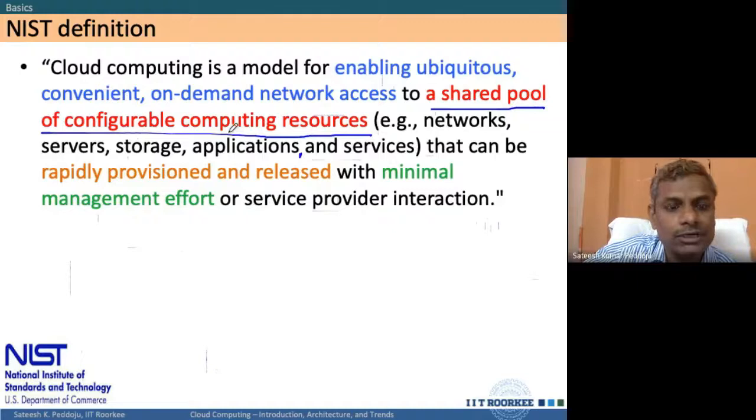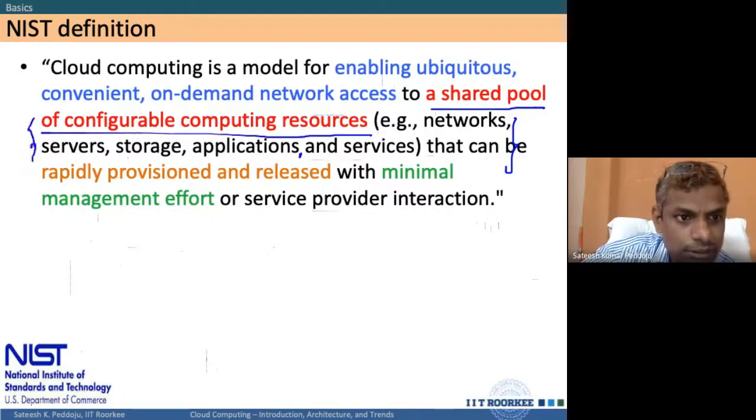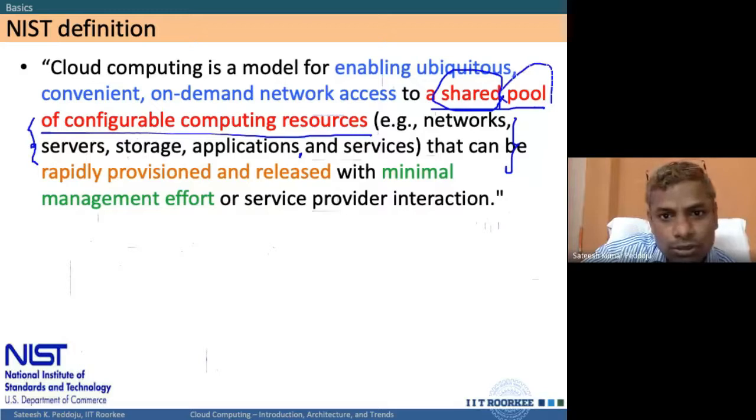In cloud computing terminology, these are the resources. They are shared by multiple people and kept in a pool, so people can take from that pool, use the resource, and put it back. That's how the resources are efficiently utilized by multiple people.